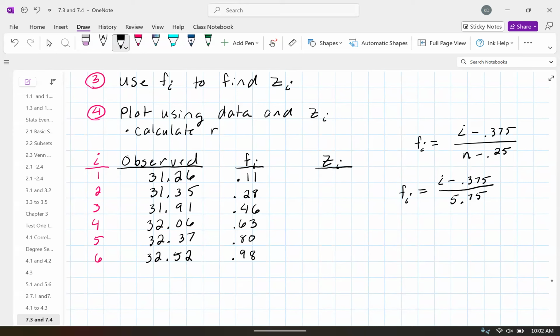So these are all areas and they're all probabilities. So they should all be less than 1, and they are for us. So that is great.